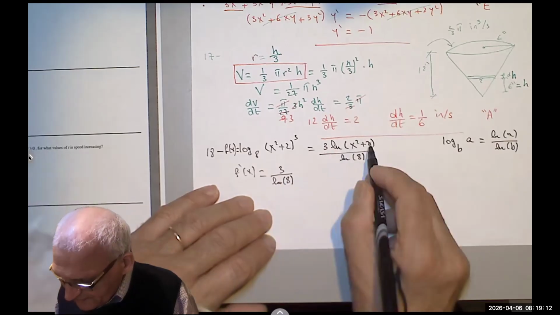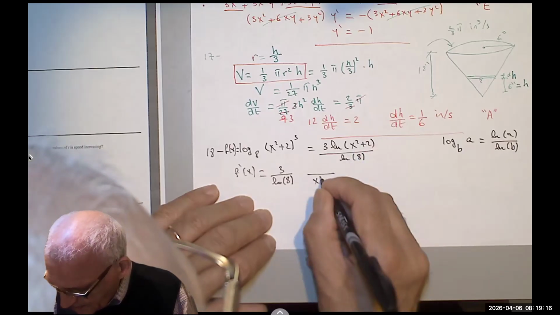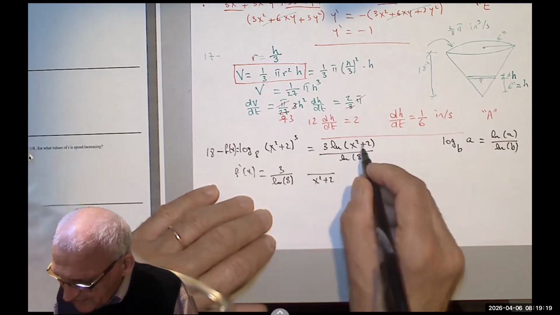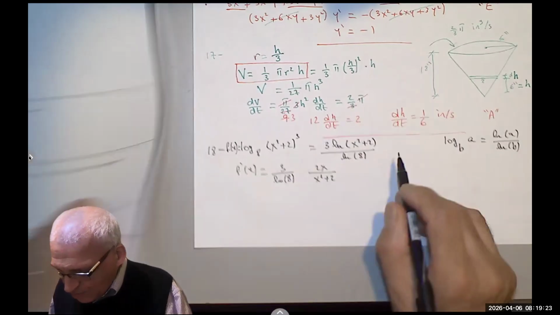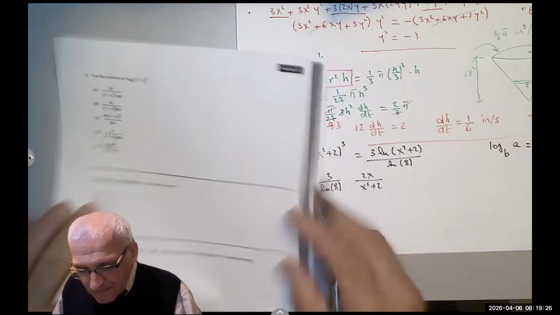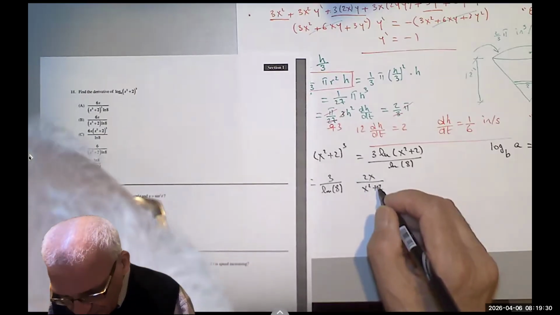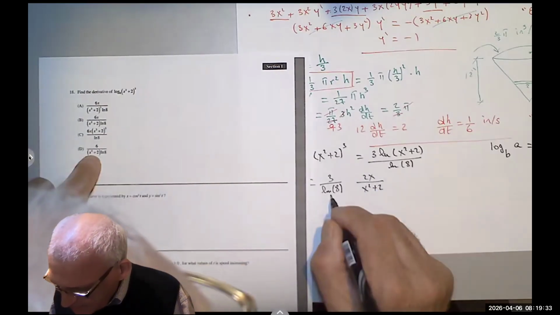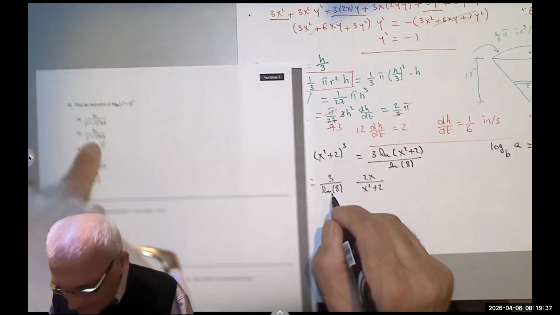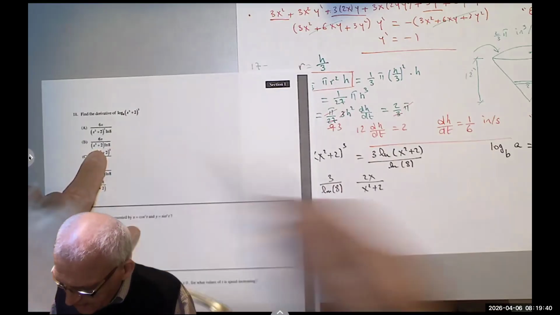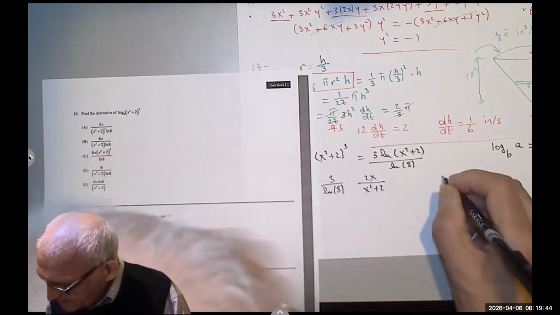Then you take the derivative, 1 over (x squared plus 2) times the derivative of that, which is 2x. So I get 6x over (x squared plus 2) times natural log of 8.